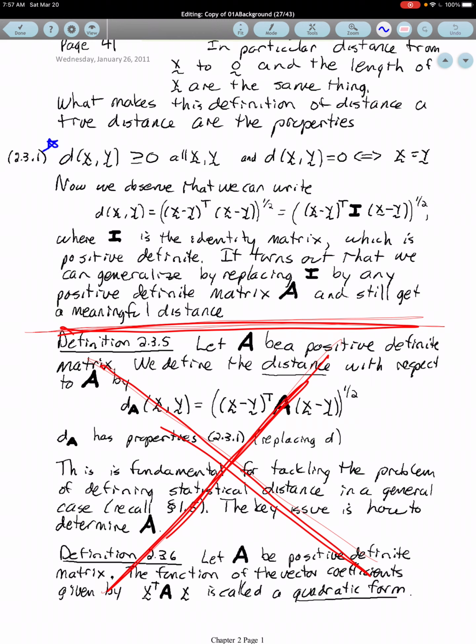We have a valid metric if we take any two vectors in our vector space and apply this distance function to them, if it always returns a number greater than or equal to 0, and if that function, when we plug in two vectors x and y, returns 0 if and only if x equals y, then this is a valid distance or a valid metric.